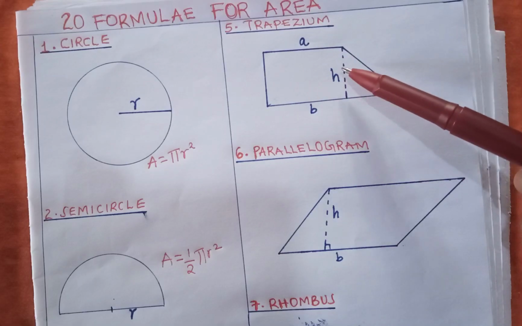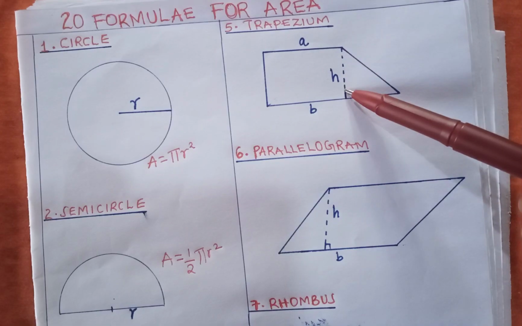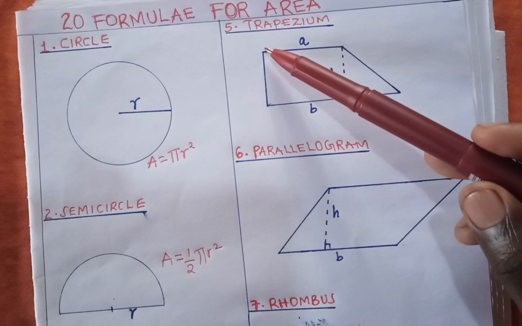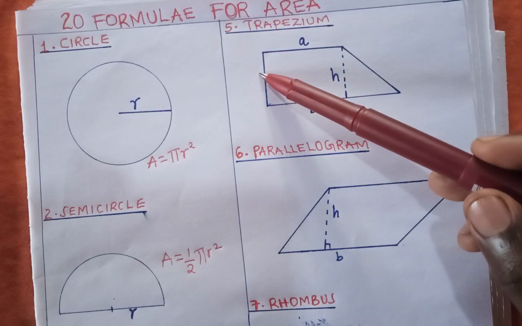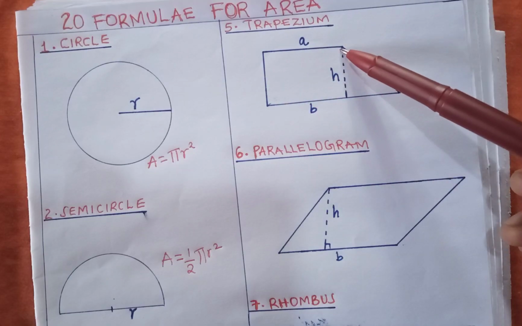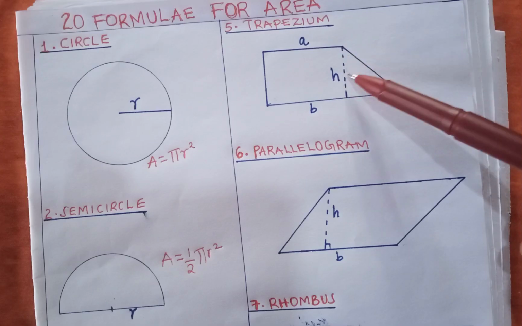We have another side here which is going to act as our height. In this case, you can take this height here, or the height on the other side. If you are given a number on this other side, it is the same as the height inside this figure.